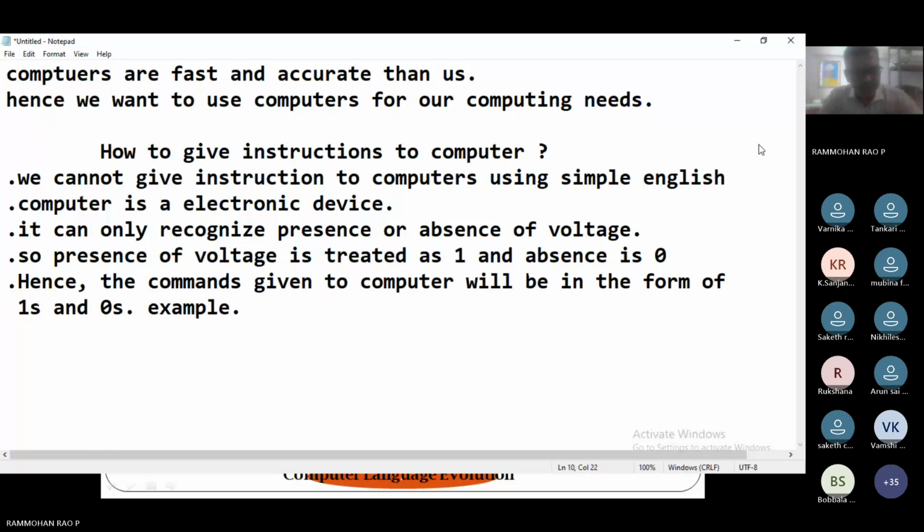For example, 110001. This is one command. I don't know the meaning of this command, but a command will look like this.